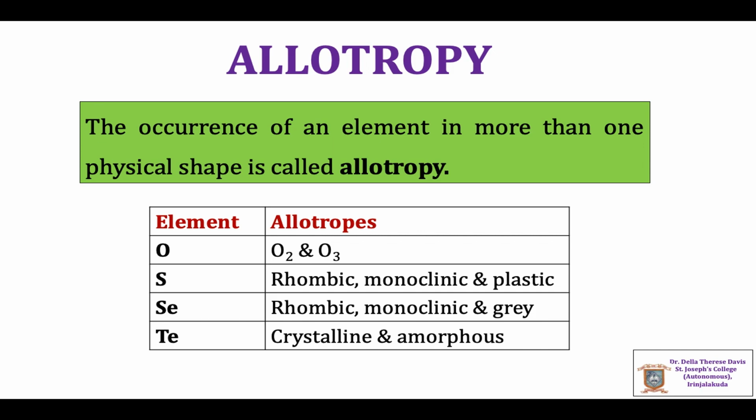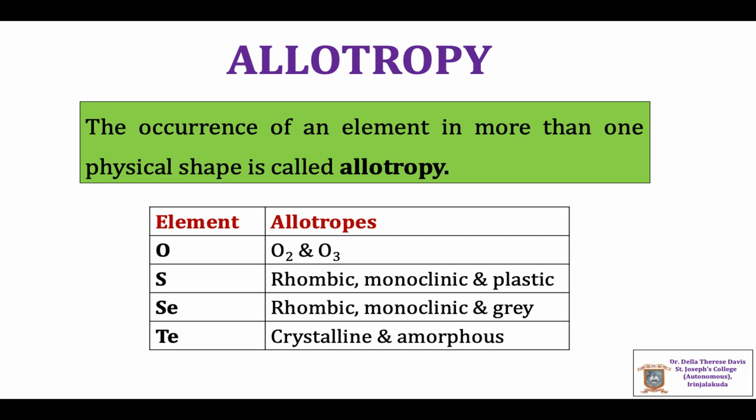The occurrence of an element in more than one physical form is called allotropy. Group 16 elements show allotropy. Oxygen has two forms, O2 and O3. O3 is called ozone. Sulfur exists in rhombic, monoclinic and plastic forms. Selenium in rhombic, monoclinic and grey.